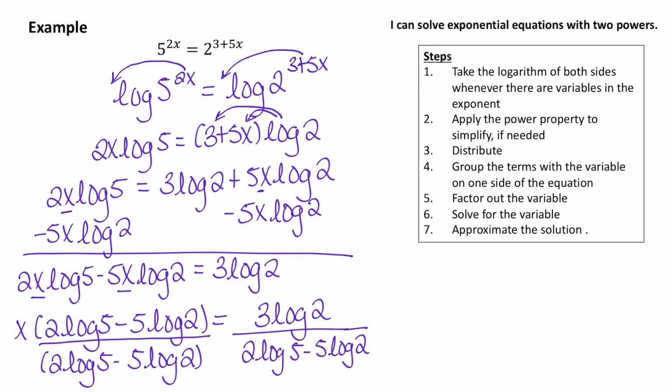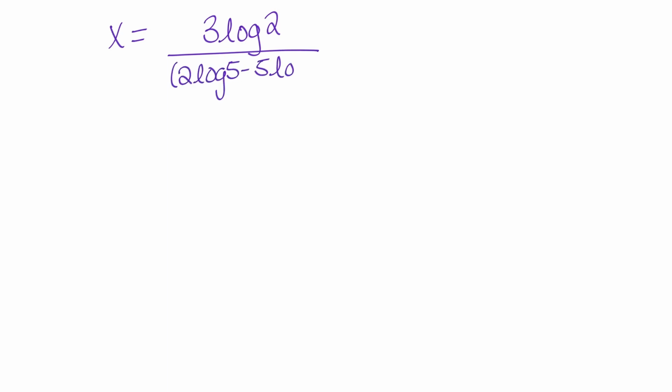What happens on the left side here is that these terms will cancel, so I will have finally x by itself. So I have x equals 3 log 2 divided by 2 log 5 minus 5 log 2.